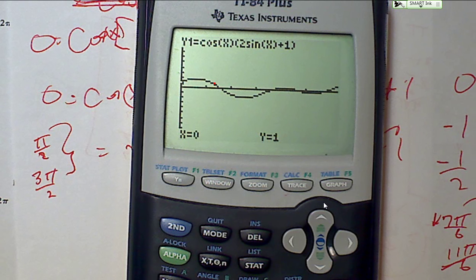The parent is increasing. We'll draw the parent up here. So there's an x-axis right there. The parent is increasing to this point right here. So as of right now, that's what the parent did.